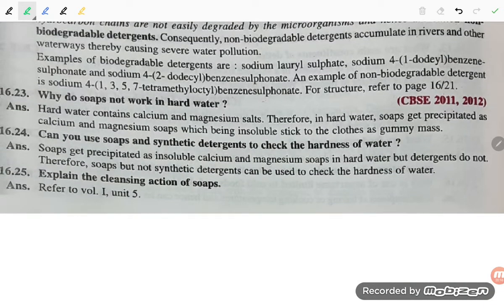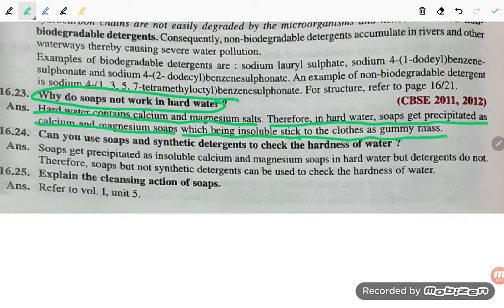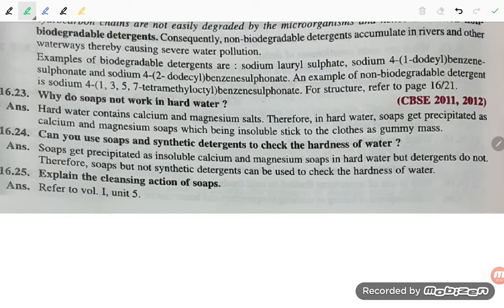Why does soap not work in hard water? Hard water contains calcium and magnesium salts. Therefore, in hard water, soap gets precipitated as calcium and magnesium soap, which being insoluble sticks to the clothes as a gummy mass.